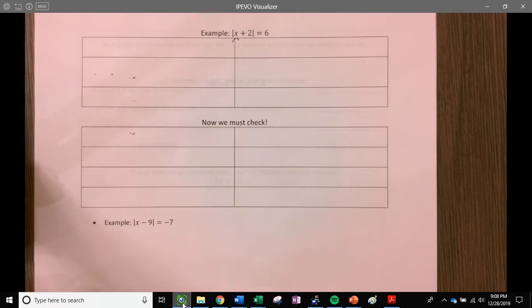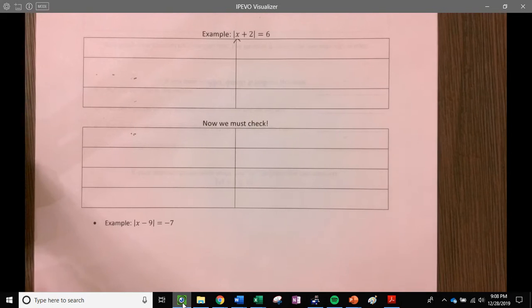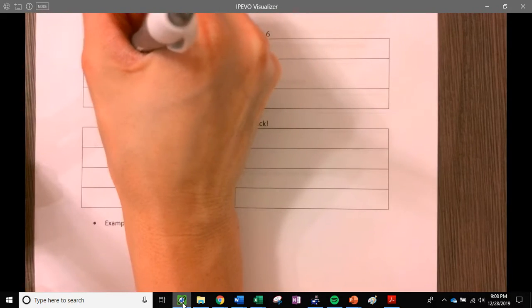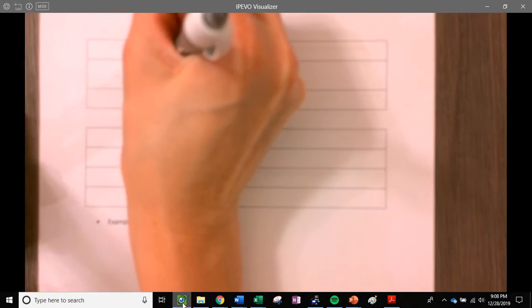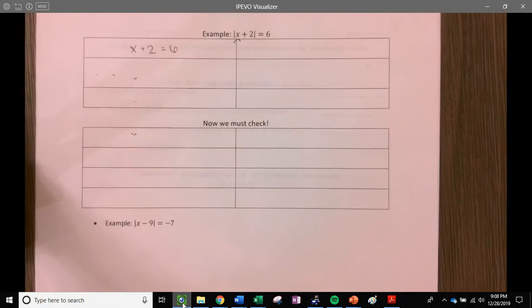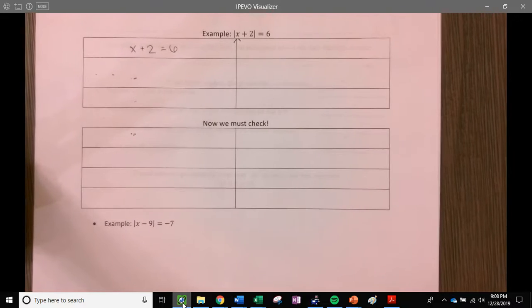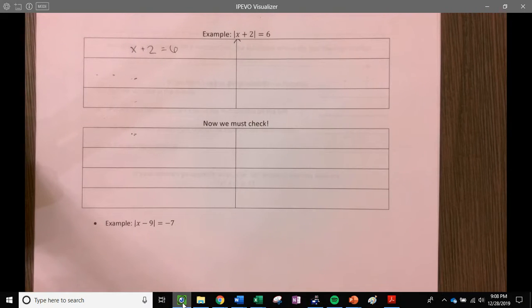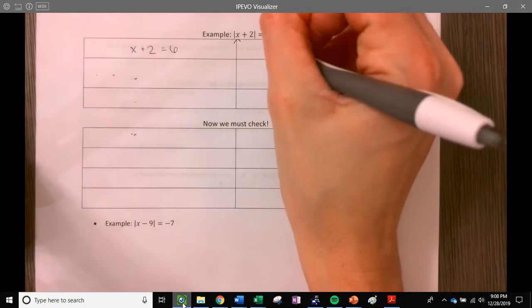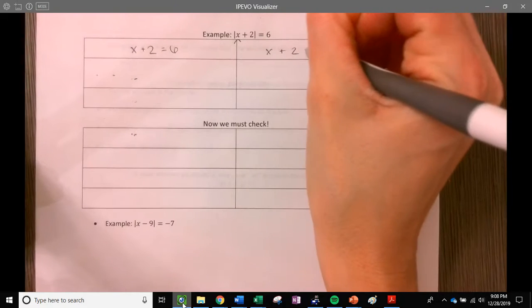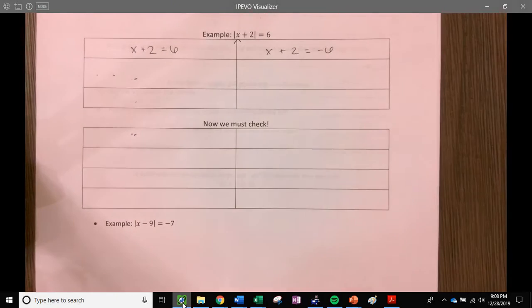Once we're going to drop the brackets and rewrite it as is, x plus 2 equals 6. And then the other side, we're going to drop the brackets and we're going to negate the right-hand side of the equal sign. So we get x plus 2 equals negative 6.